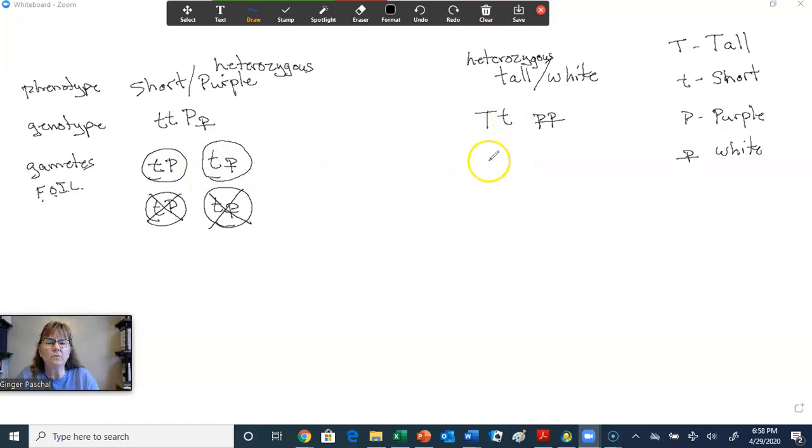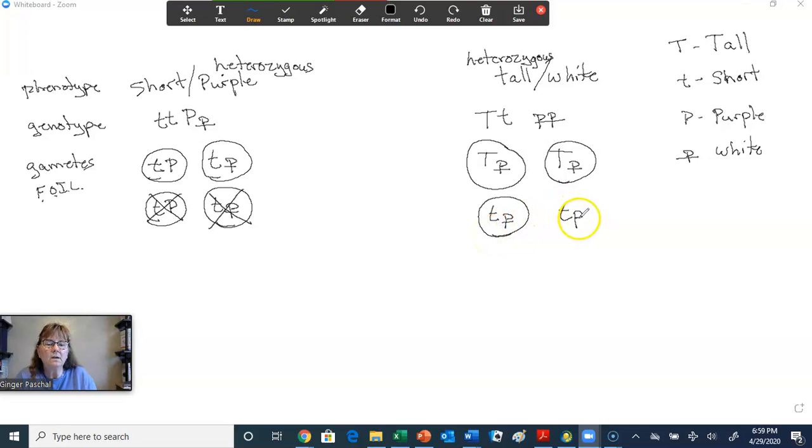So let's take a look over here. If we FOIL, we have first of each letter, outer of each letter, inner of each letter, and last of each letter.